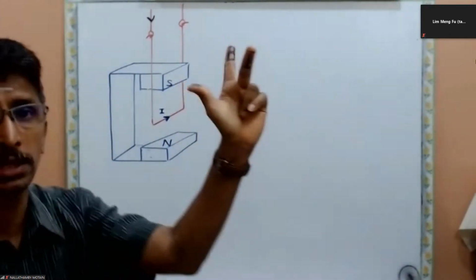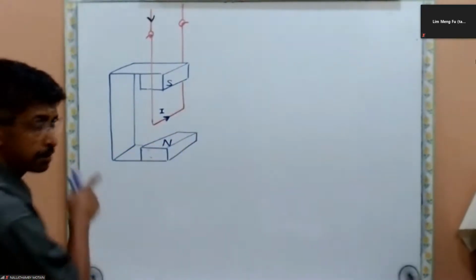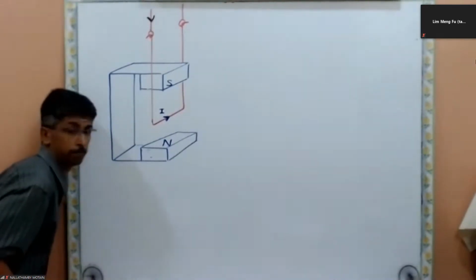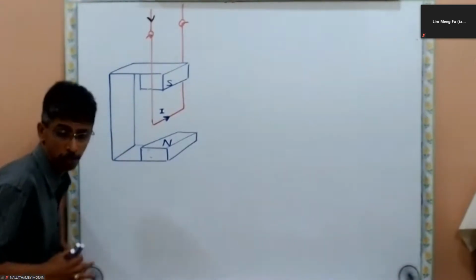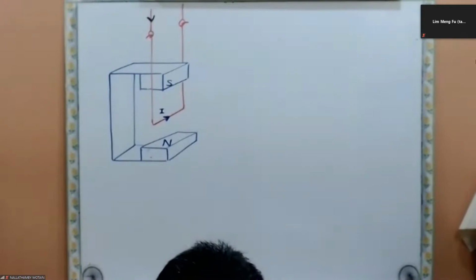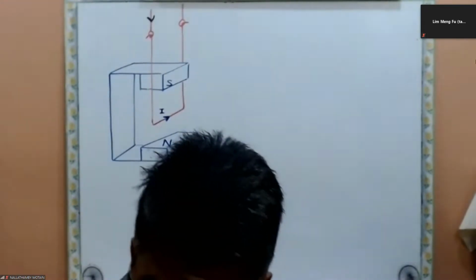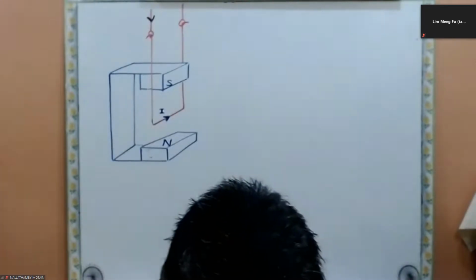If you use Fleming's second rule, where is the current? Let's say I'm observing this diagram from here.